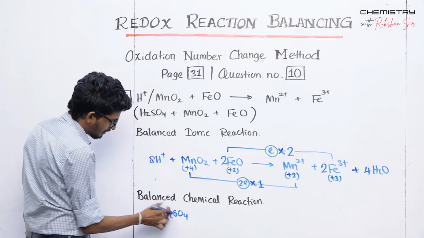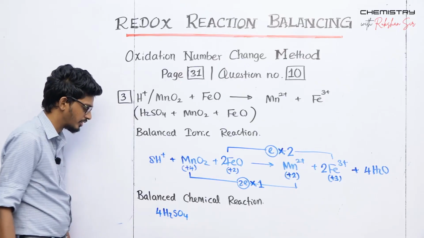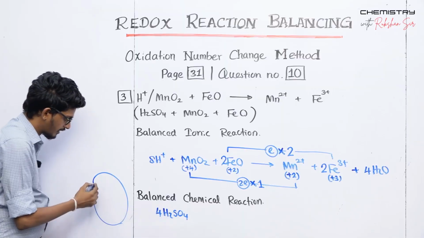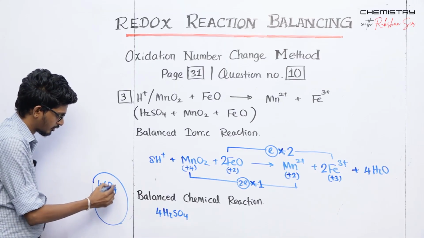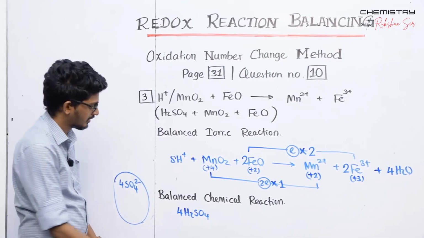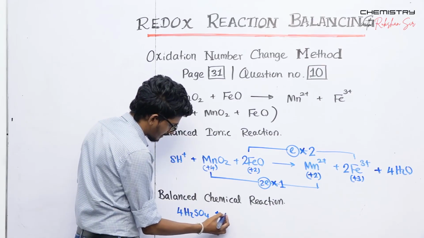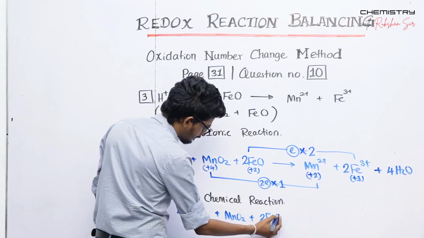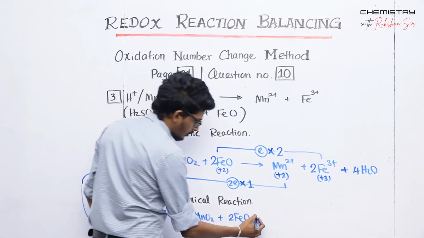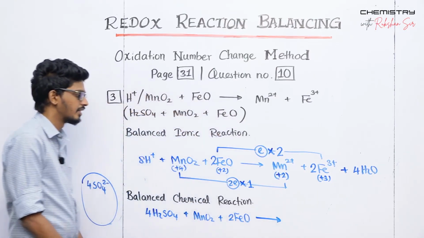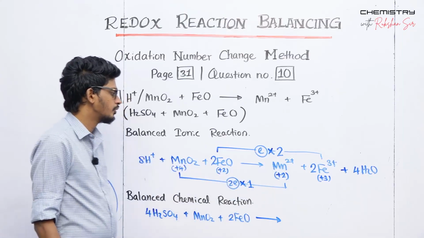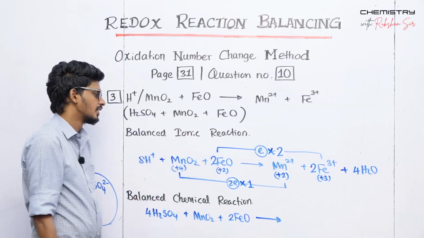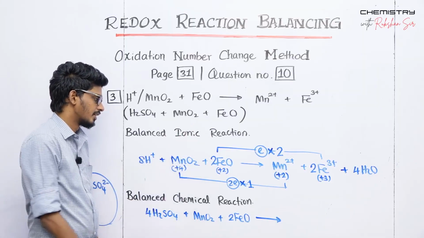We need to come up with 8 H pluses, so 4 H2SO4 should be used. So I have added 4 SO4 2 minus ions by hand. Those should be written at the right hand side as well. These are uncharged species, chargeless species, so just write them as they are. Go to the next side. Manganese can use the anions to neutralize the charges on the left hand side.